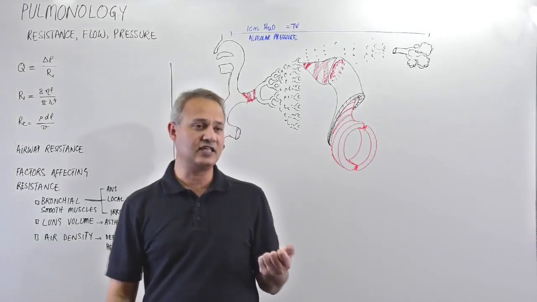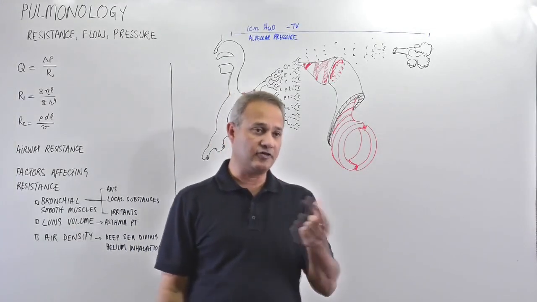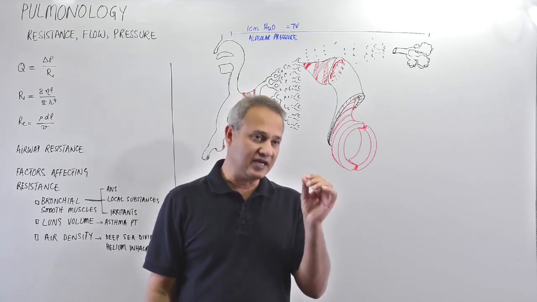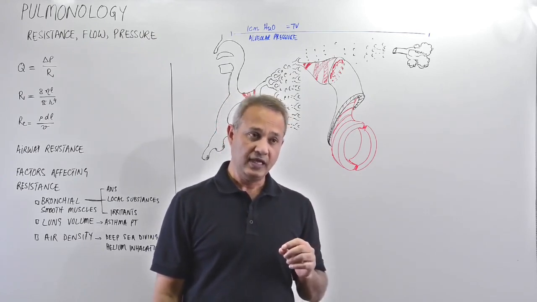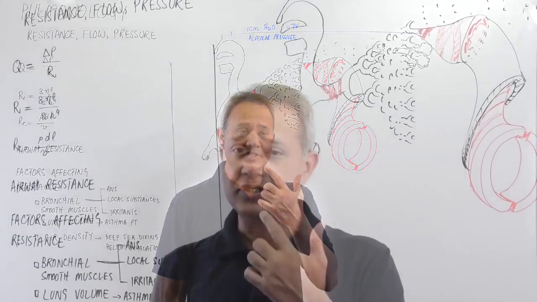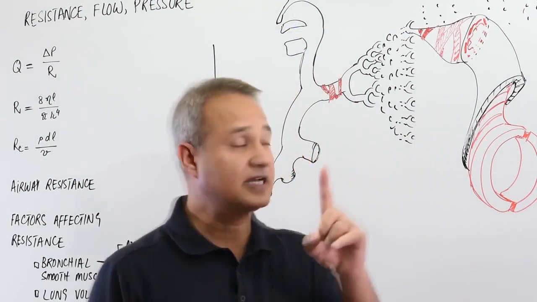So normally we say that resistance in a tube is really dictated by the diameter of the tube.